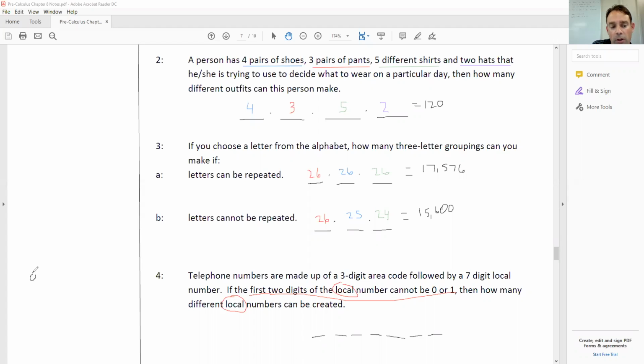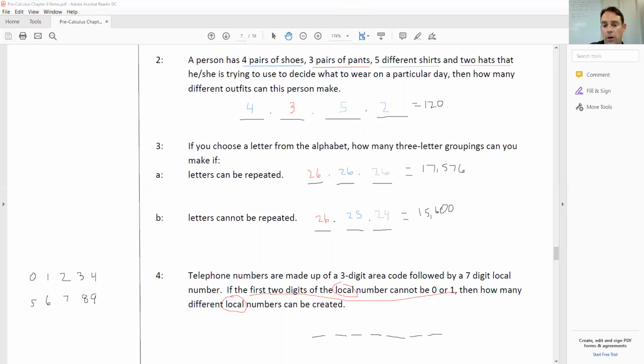A lot of people always want to come out and say, oh, well, there's 9 numbers, 1 through 9, but they forget that 0 is a digit as well. 6, 7, 8, 9. So this first one, it says, hey, you can't use 0 and you can't use 1 as your first number. So how many digits would you have left? Well, you'd have 8.